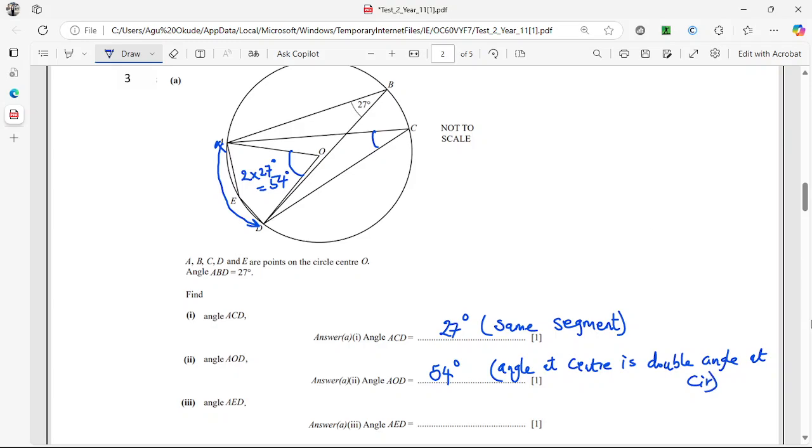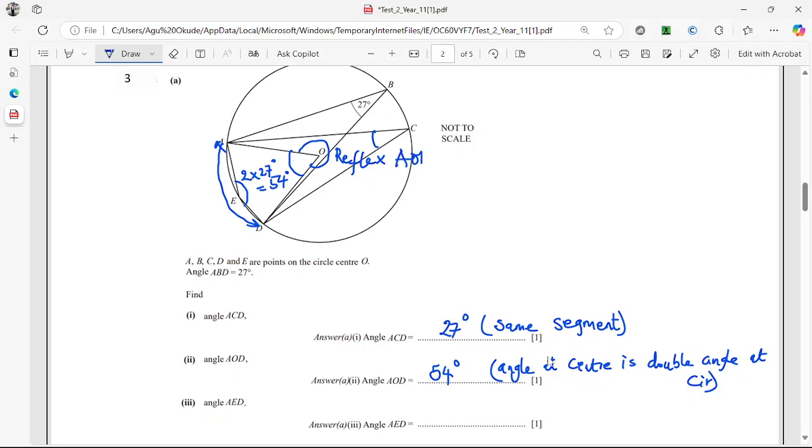Now lastly, I'm looking for angle AED. AED, that's the angle over here. In this case, I'm going to use this reflex angle right here. That's called reflex angle AOD.